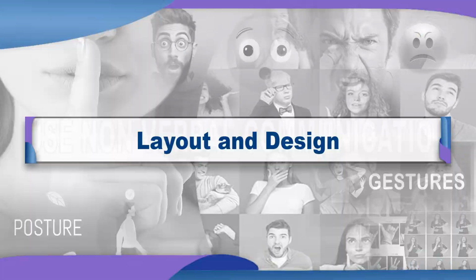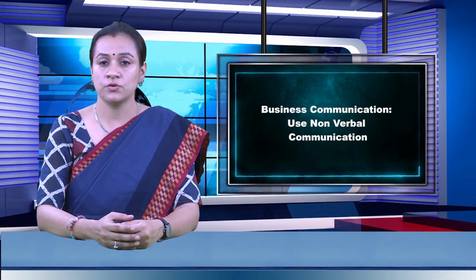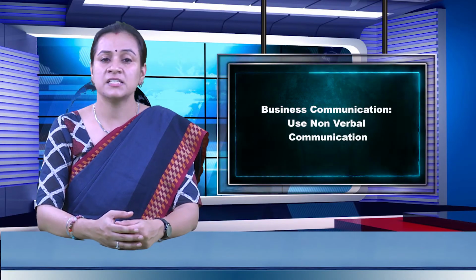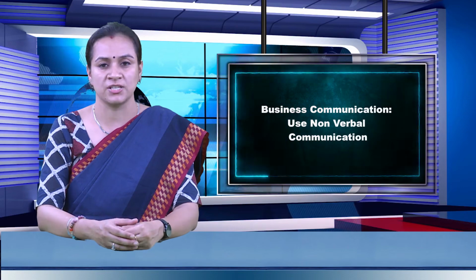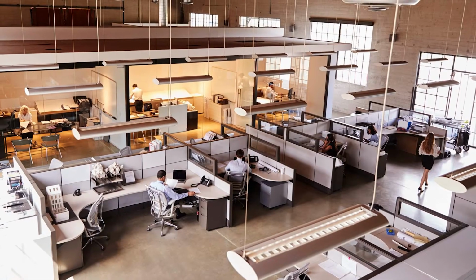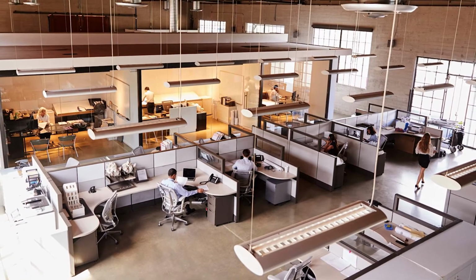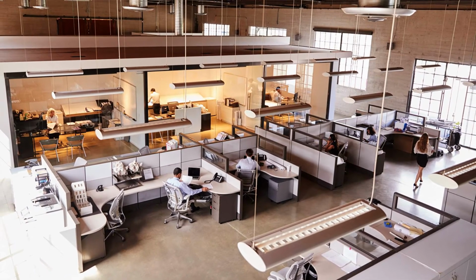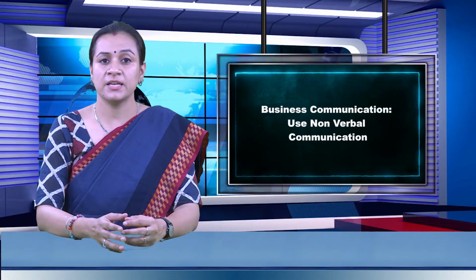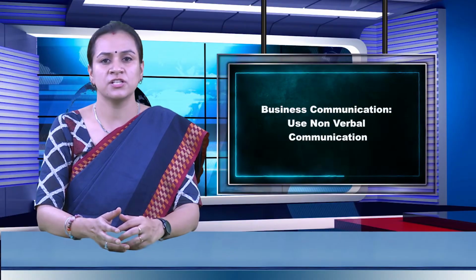Layout and design. Like color language, there is also a layout and design language as a part of non-verbal communication. The space arrangement of an office, carpeting or its absence, the furniture and its design, everything conveys a meaning. Everybody is impressed by a tastefully furnished office.